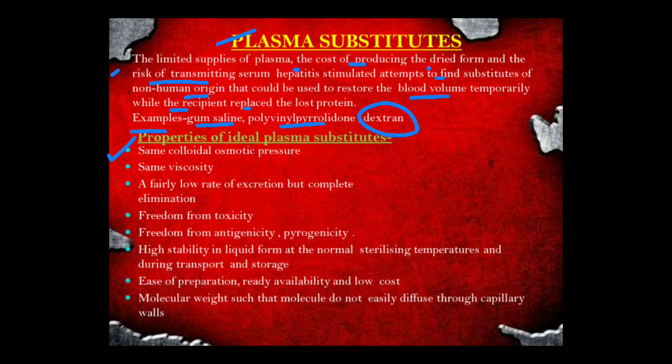What are the properties of an ideal plasma substitute? So here you can see the substitute is of non-human origin. It has the same colloidal osmotic pressure as that of the body fluid, the same viscosity, a fairly low rate of excretion but complete elimination, freedom from toxicity, freedom from antigenicity and pyrogenicity, high stability in liquid form at normal sterilizing temperatures and during transport and storage, ease of preparation, ready availability at low cost, and a molecular weight such that molecules do not easily diffuse through the capillary walls.